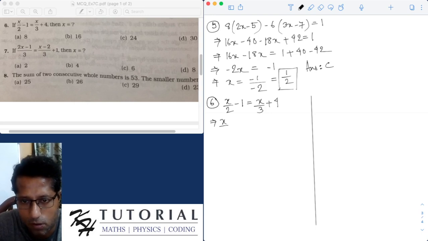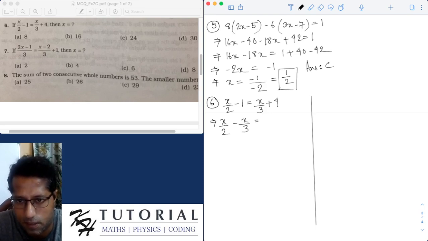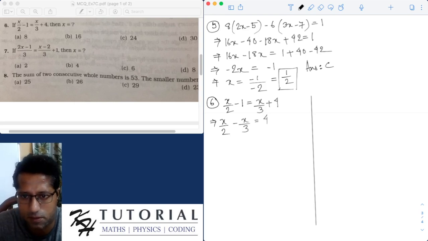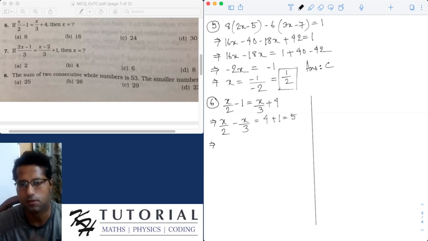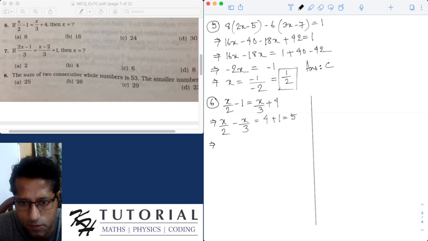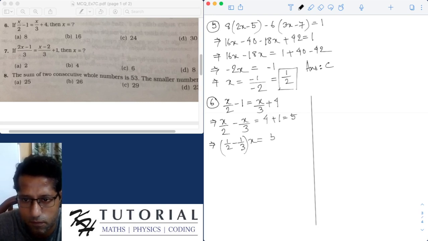So if I bring all the variable terms to the left hand side and transpose all the constant terms to the right hand side, I get x by 2 minus x by 3 equals 4 plus 1, that equals 5. Now I have to do the subtraction: x by 2 minus x by 3, that is half minus 1 by 3, times x equals 5.